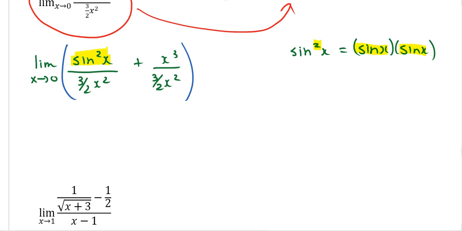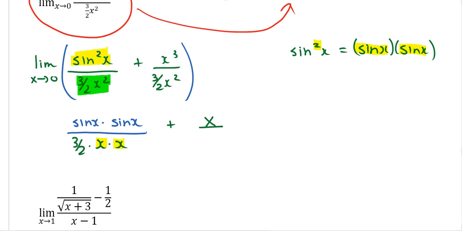If we break this up a little further, this would be sine x times sine x, divided by, well, I'm going to take my denominator and break that up into 3 over 2 times x times x. So x times x will give you x squared.